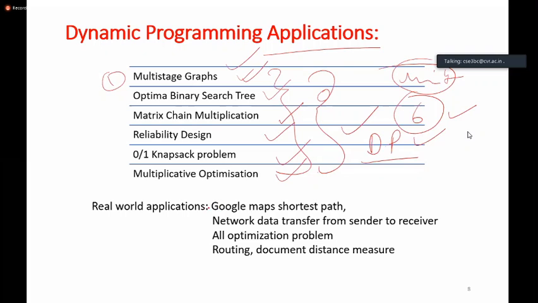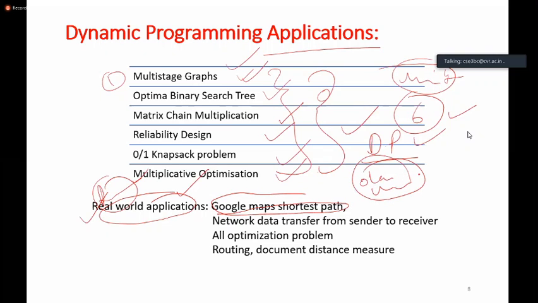And where exactly we are going to use this dynamic programming concept in real-world applications, a very important thing you please remember. Without knowing the applications of a concept, there is no need to know it. The first point is we can use dynamic programming in Google Maps. Ola cabs and Uber all use shortest paths from your source to your destination. How are they calculating this?